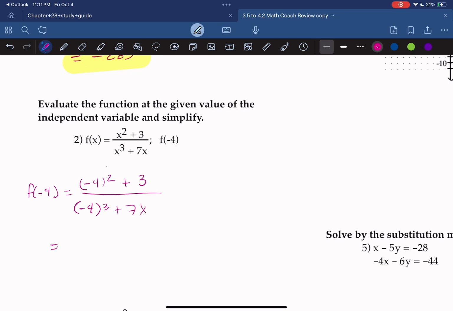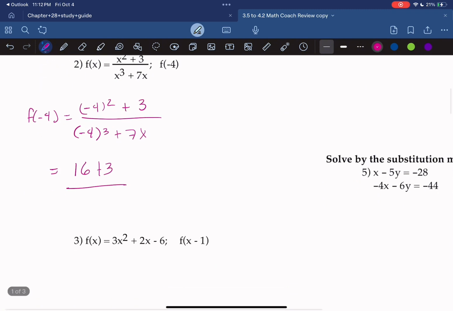Negative 4 squared is going to be positive 16 because a negative times a negative is a positive. Negative 4 times negative 4 is 16 plus 3 over negative 4 cubed is going to be negative 64 because it's negative 4 times negative 4 times negative 4.